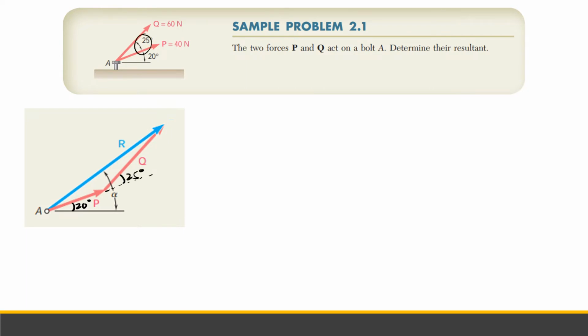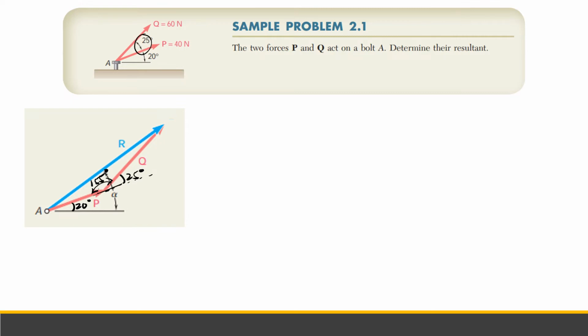Since this is horizontal, 180, we can solve the interior angle here. So, this is 180 minus 25, so that is 155 degrees.